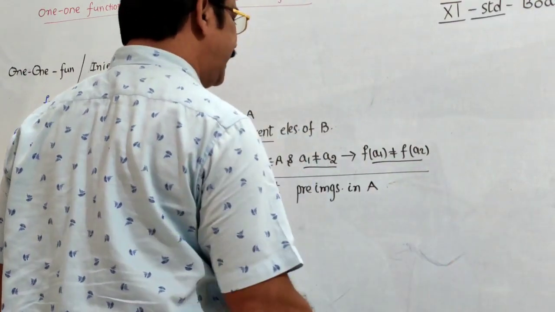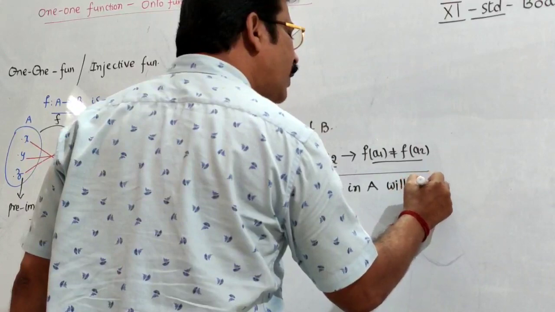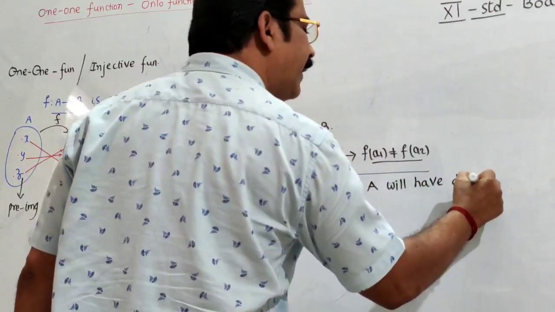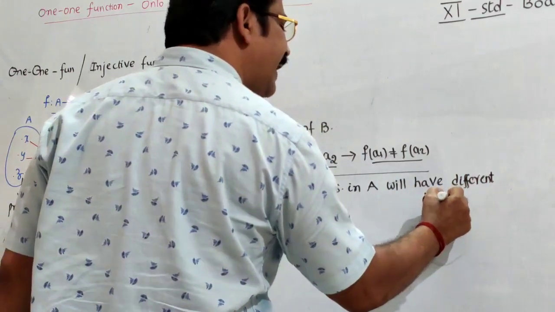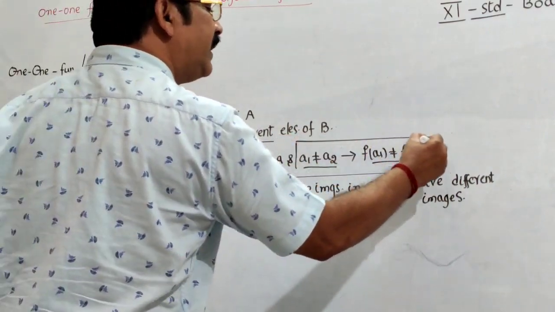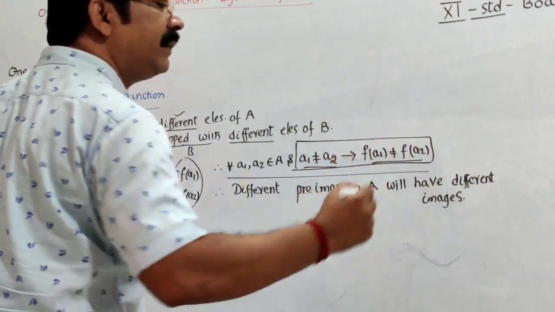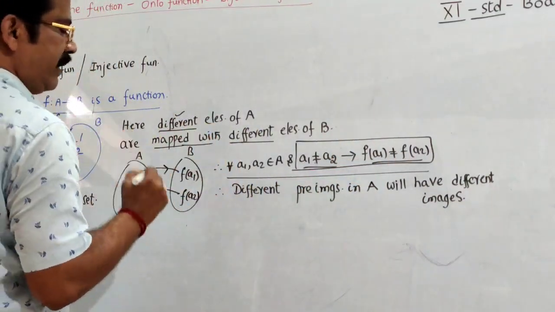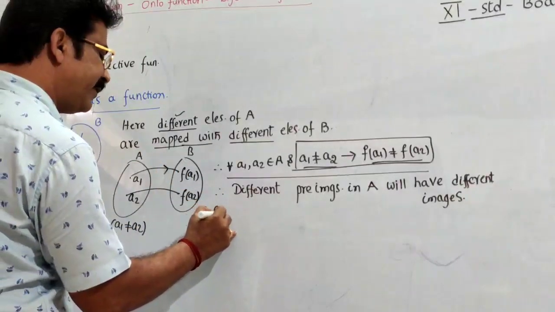Rather than that, it is better to use the words will have different images. That's why the condition started from inequality. Different. Understand? One minute here. So therefore I will write the definition.